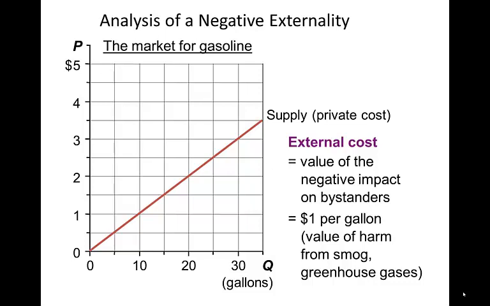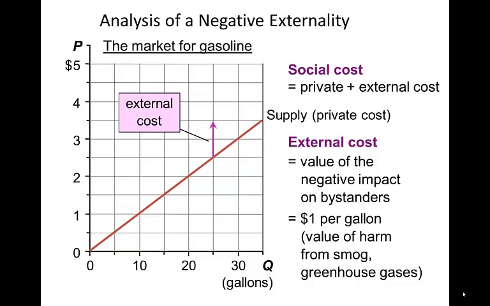So what we can do is modify our supply curve to also incorporate this social cost. The social cost is going to be the total cost to society of a certain number of gallons of gasoline. That's going to be the private cost, which is given by the supply curve, plus this external cost.